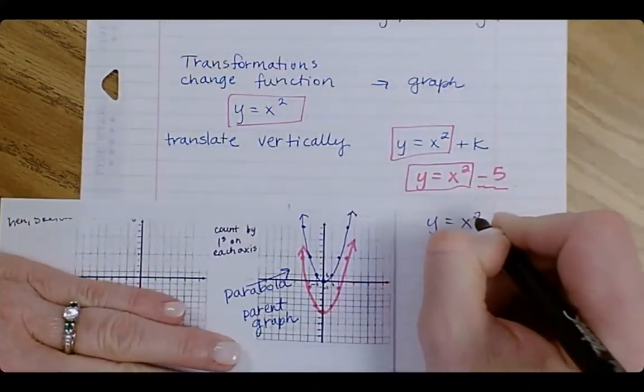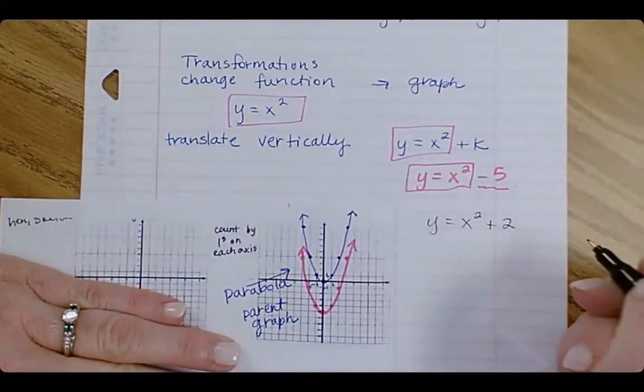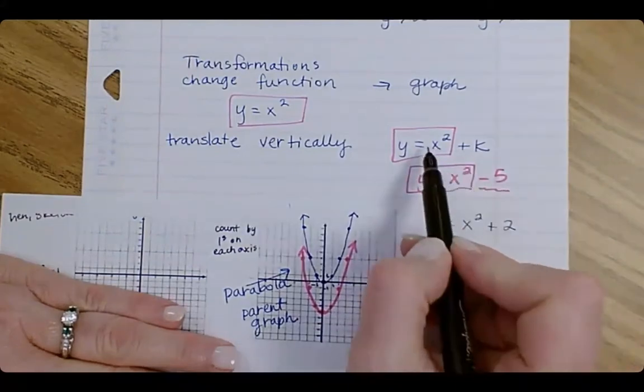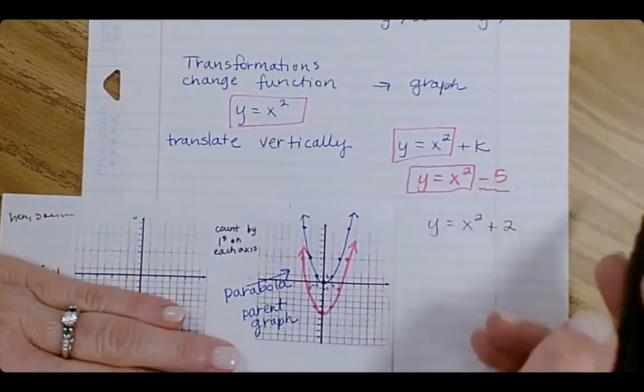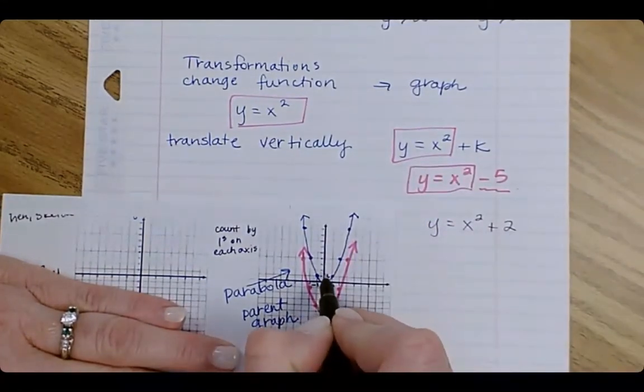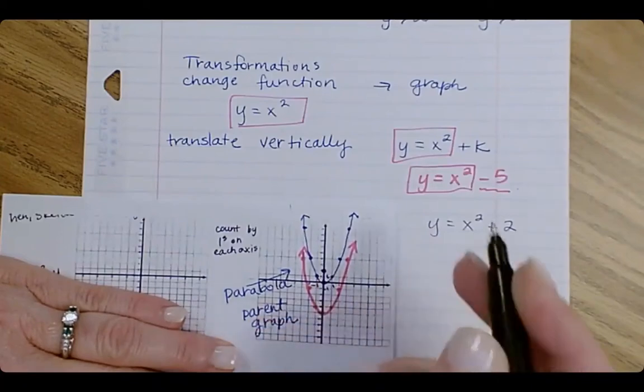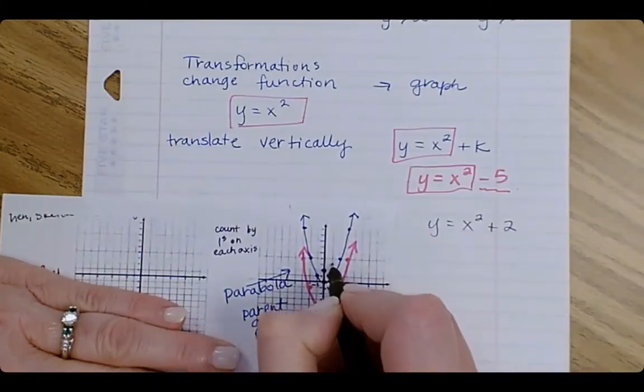Y equals x squared plus 2. Guess where that's going to end up? I'm going to start up at 2, and then I'll have the shape of the parent parabola.